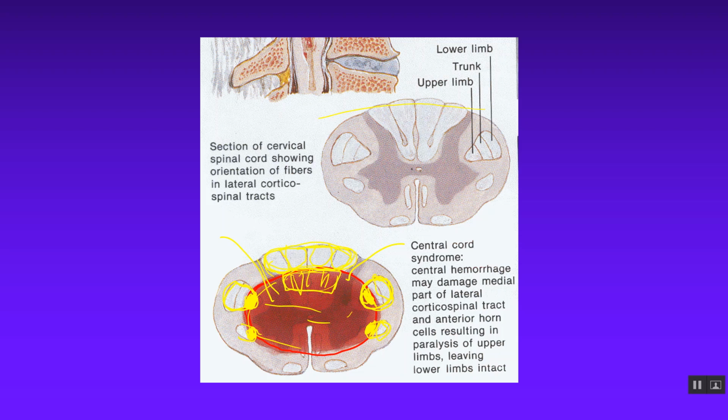The farther it expands out, the more it starts to affect. If this syrinx keeps growing, like if this was a syrinx, that fluid-filled cavity, they start out initially with just, hey, I can't feel temperature. I notice when I'm in the sun, I don't feel it on my shoulders anymore. And that's just that loss at the segmental level. Then all of a sudden their arms start getting weak. And they also get spastic, potentially, depending on how much those anterior horn cells are damaged too.